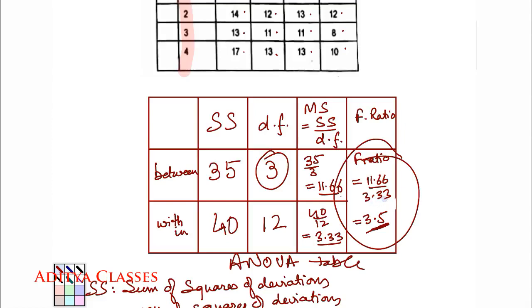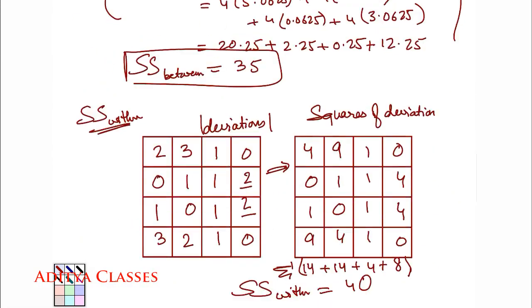Our denominator was 3.33, and its degrees of freedom were 12. So this N1 for us would be 3 and N2 for us would be 12. Degrees of freedom of numerator and degrees of freedom of denominator. So 3 and 12, we need to check 3 and 12 in the table.